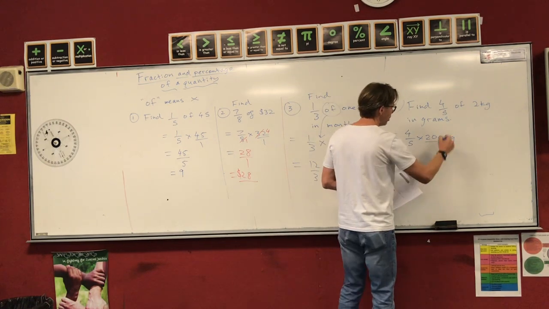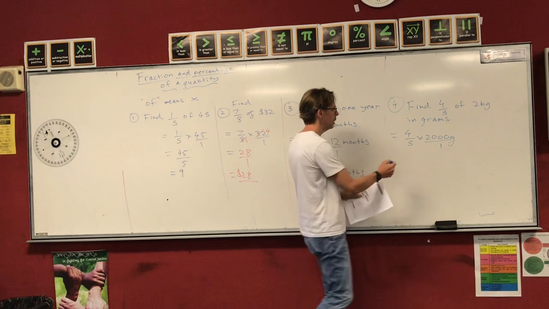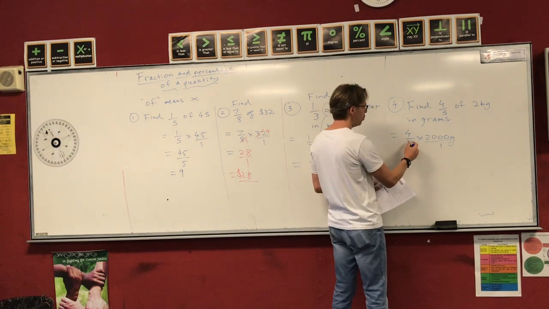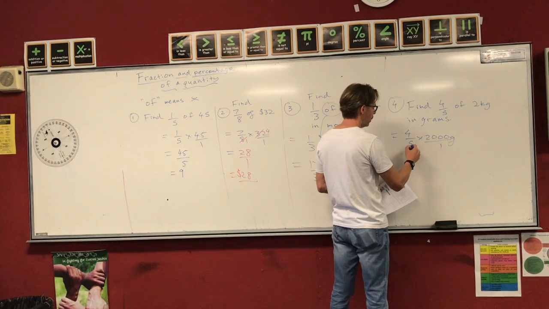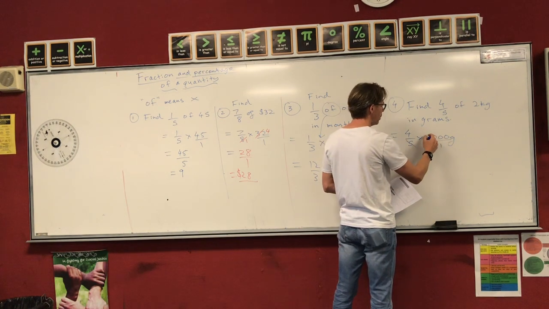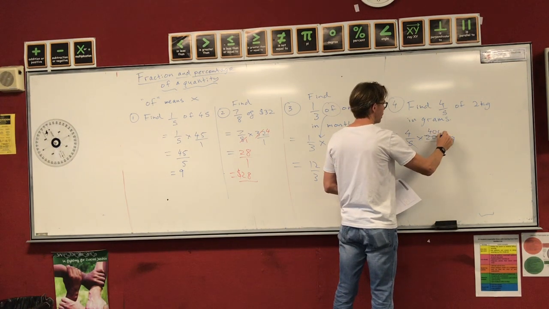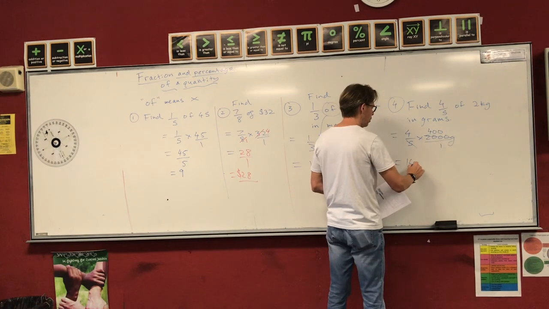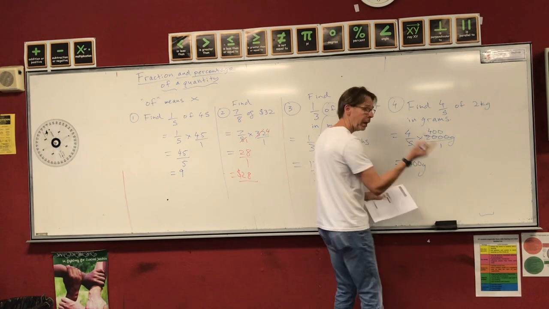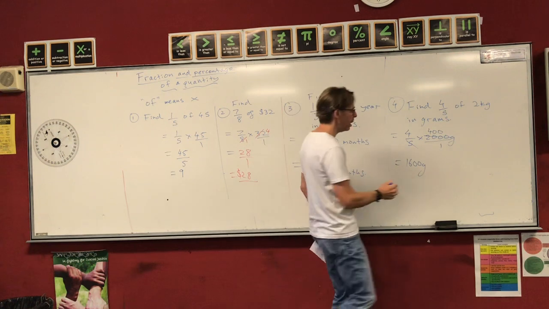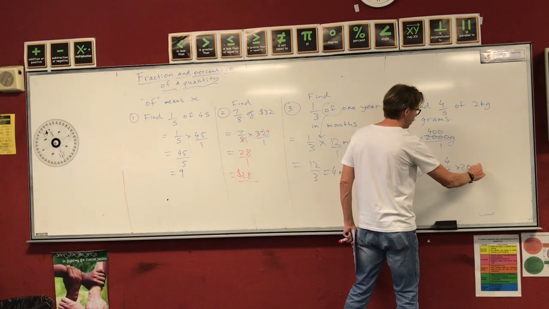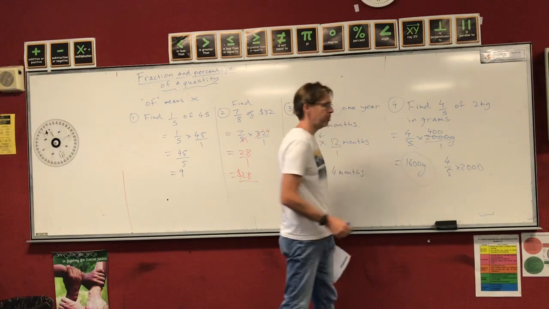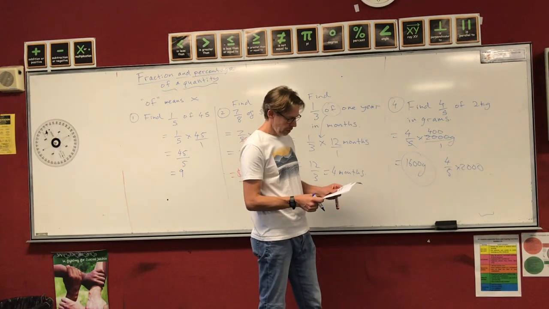But I'm not going to use my calculator, I'm just going to put that over 1. 5's into 20,000, okay, that's going to be 400 there. So you get 1,600 grams. But again, if you just want to use the calculator, just go 4/5 times 2,000 and you'll get 1,600 grams. Okay?